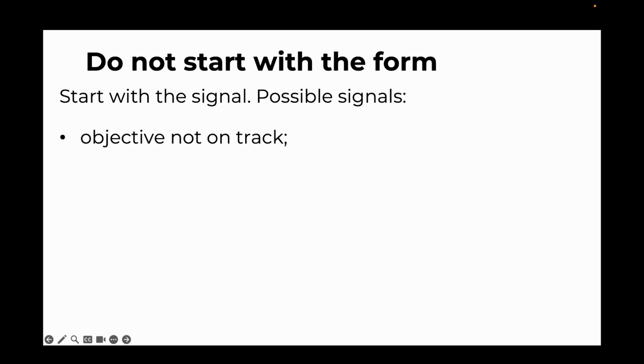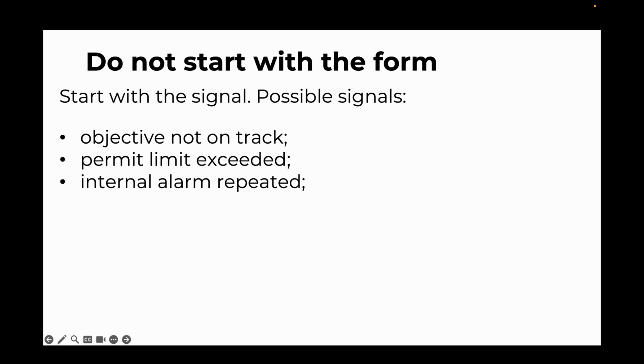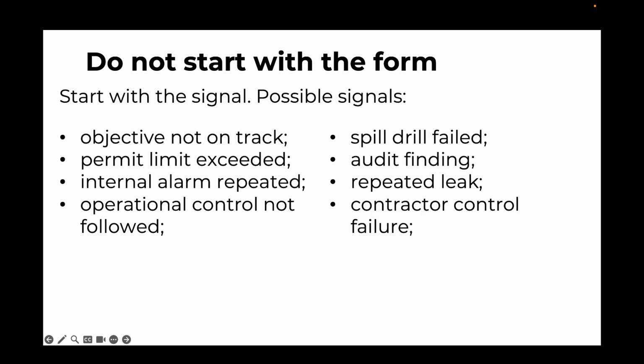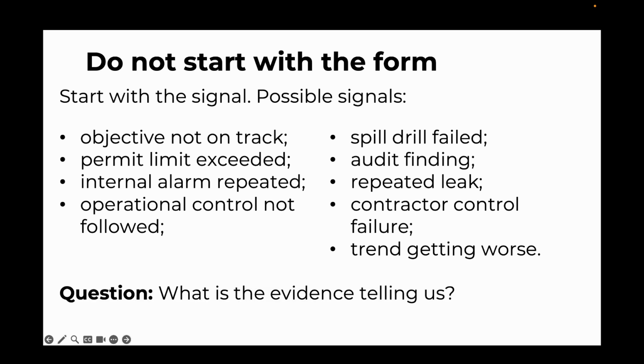An objective may not be on track, a permit limit may have been exceeded, an internal alarm may be repeated, an operational control may not be followed, a spill drill may fail, an internal audit may identify that controls are not implemented, leaks may repeat, contractor controls may fail, a trend may get worse. So, the form is only useful after BlueRiver understands the signal.